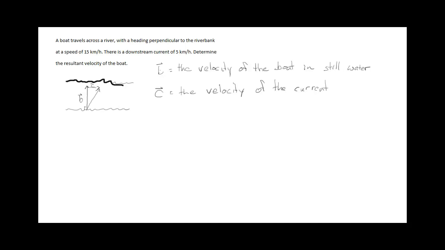And r will be the resultant velocity, which is the actual velocity of the boat. That term resultant velocity is often the word we use for the sum of two other velocities.